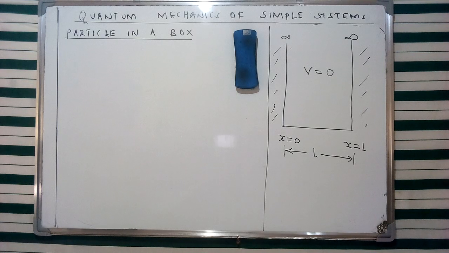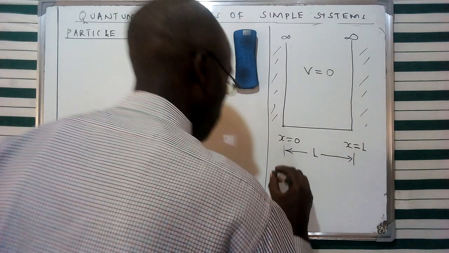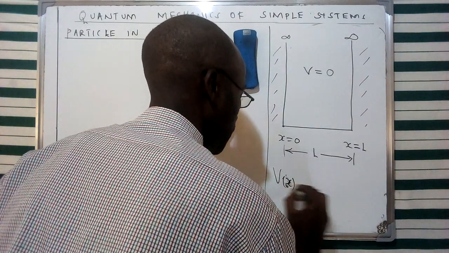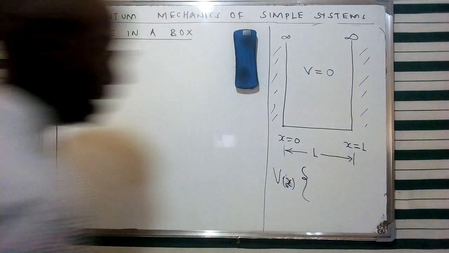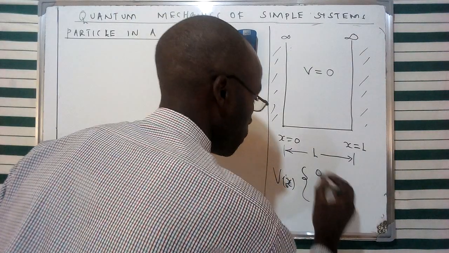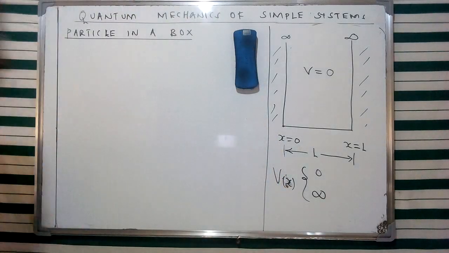So for us to evaluate this specific situation, we're going to create some boundary conditions whereby, as I've said, we're going to restrict the value of x within this specific region. So we're going to have perhaps a piecewise defined function for these specific values, between 0 and infinity for the two walls.